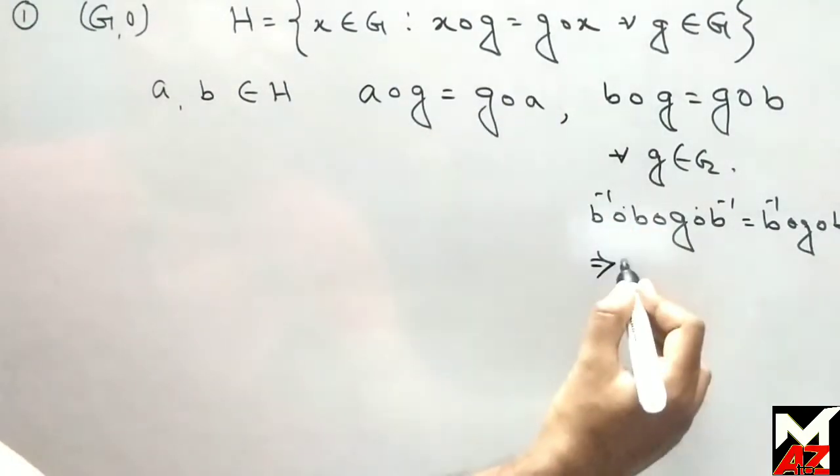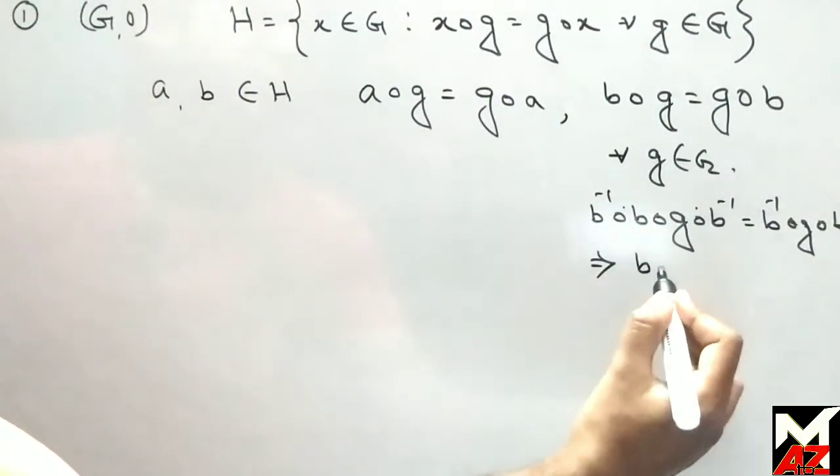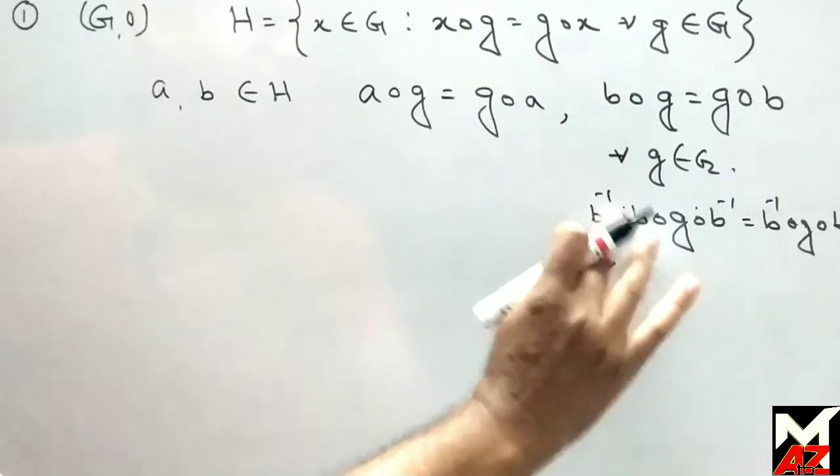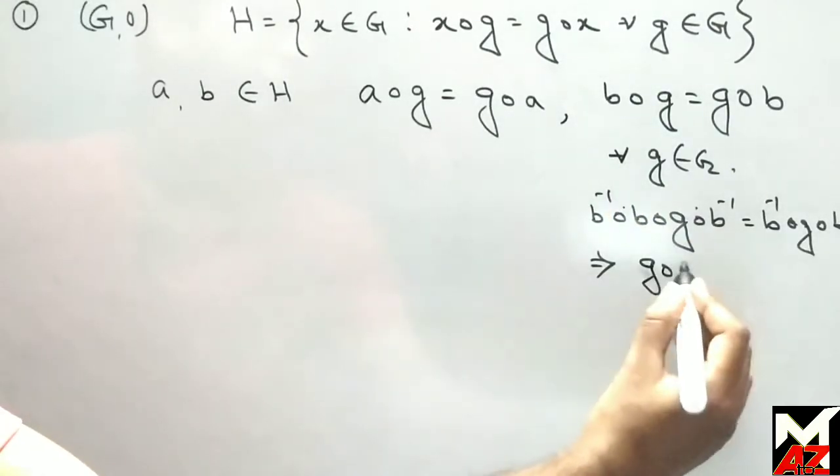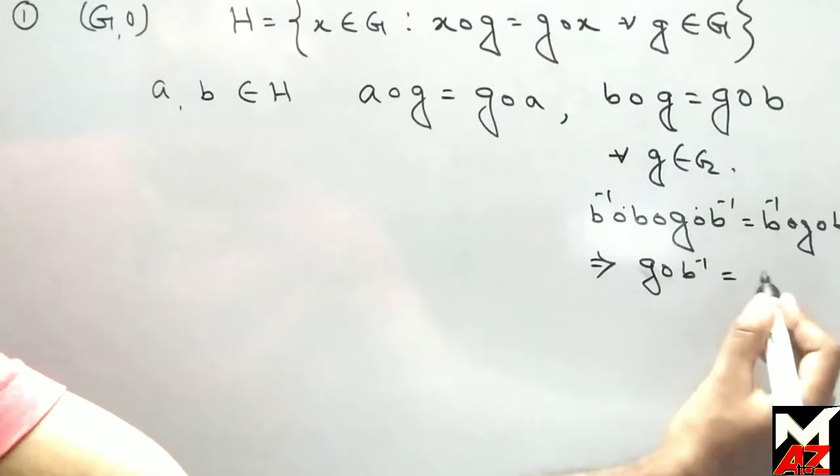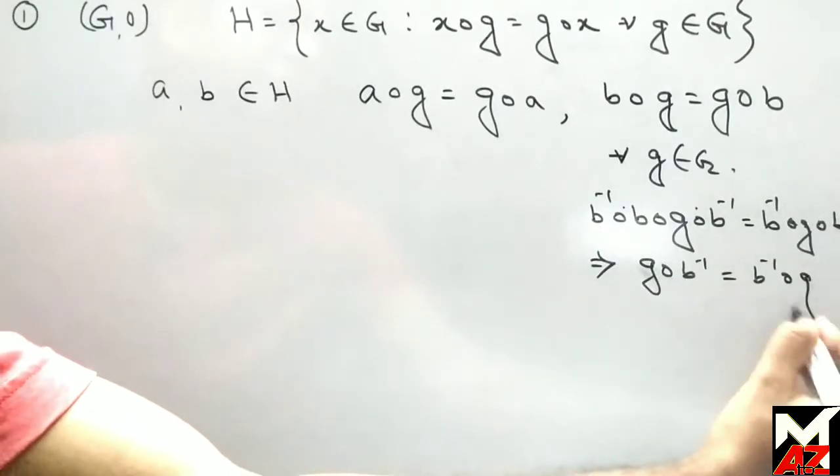This gives the result, this is e, so g composition b inverse is equal to b inverse composition g.